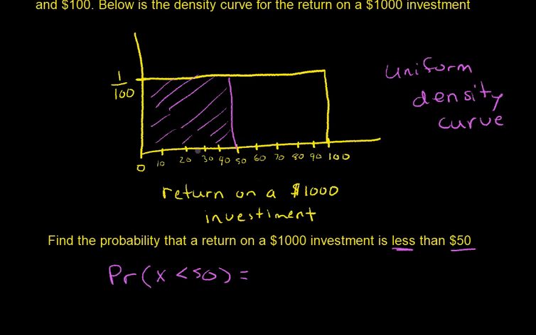Area is height times width, so 1 over 100 times 50 equals 1/2, or 0.5. So you have a half chance of getting a return on investment that is less than $50.